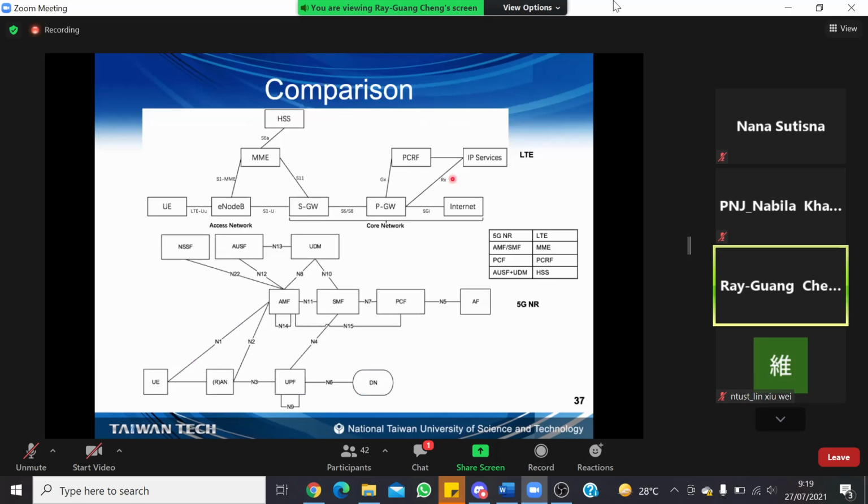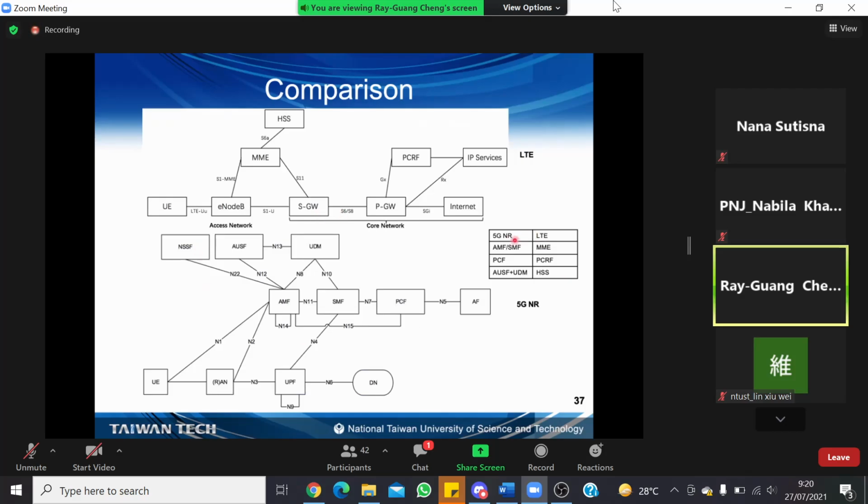So we can have a quick comparison. The upper part is 4G, the lower part is 5G. This is the data plane. Normally, this is the user plane. This is the control plane. And here is the same user plane. All of them are related to the control plane.